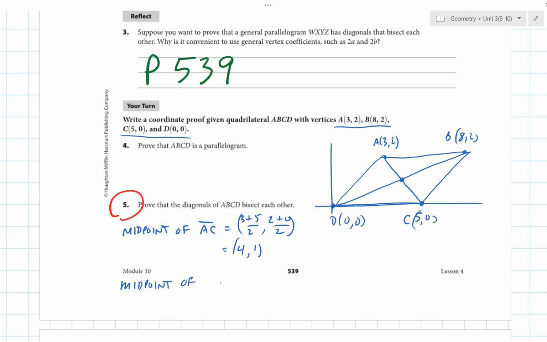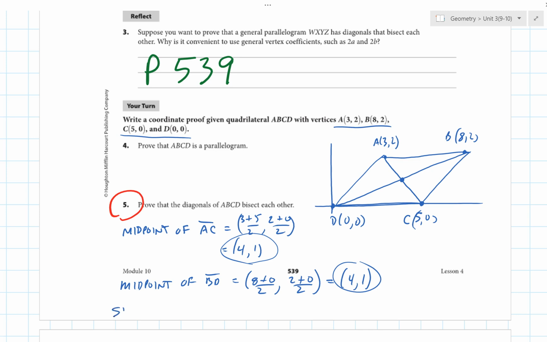And the midpoint of BD would be the average of the x coordinates for point B and D. So that's 8 plus 0 divided by 2, and the average of the y coordinates, 2 plus 0 divided by 2. That is 4, 1 also. And so since the diagonals have the same midpoint, that means they pass through each other's midpoint, so they're bisecting each other.